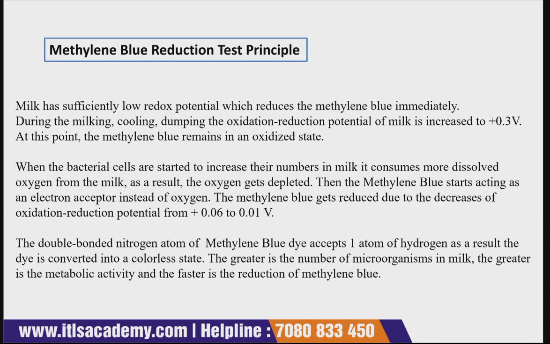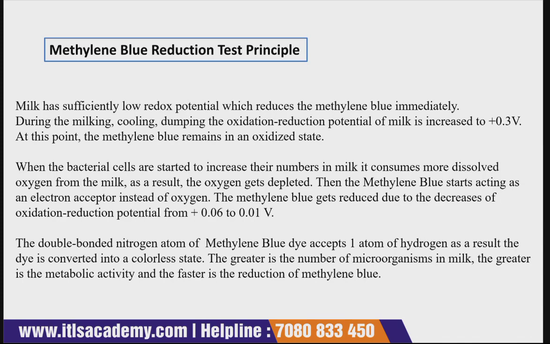So the principle behind this test is that the quality of milk is determined by observing the color that appears in the milk after the addition of a dye like methylene blue. Because as we have already understood, methylene blue acts as an electron acceptor.